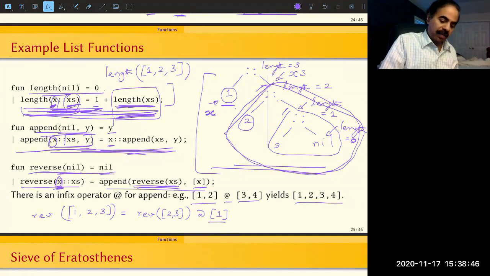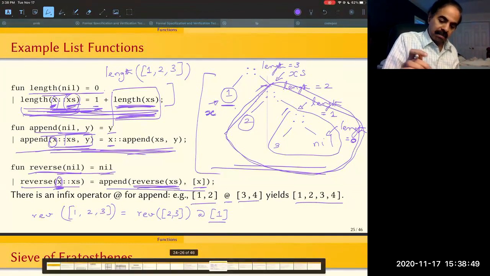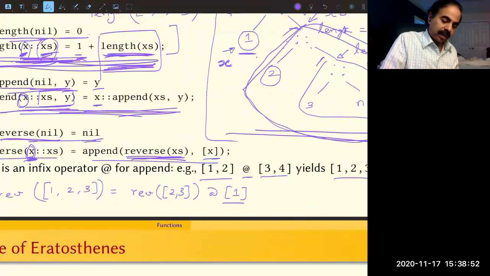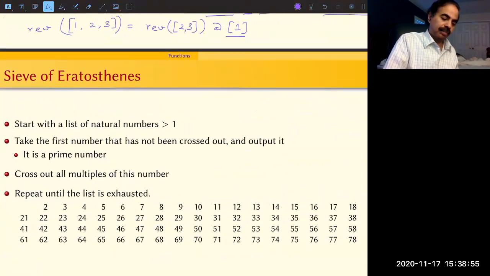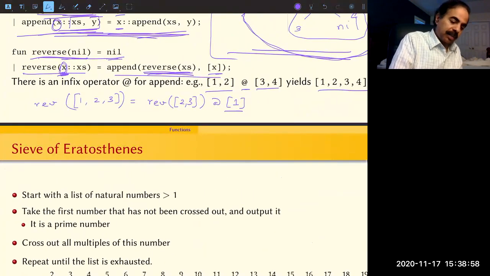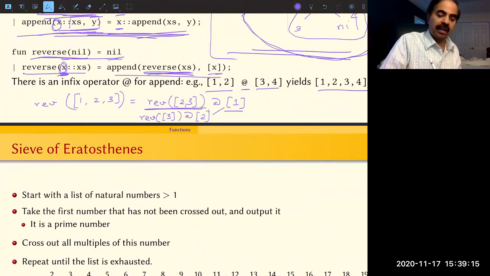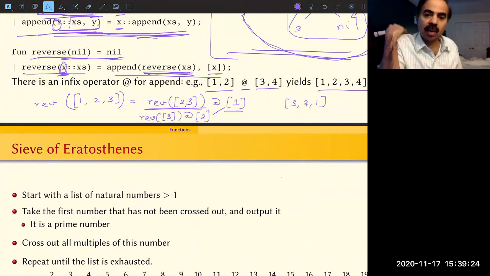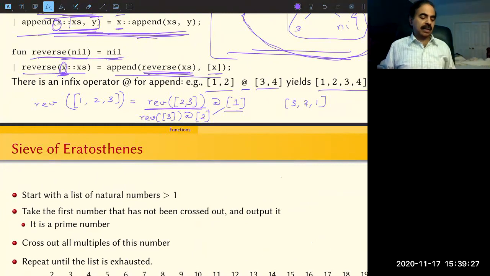And now if you apply the same process again, let's just expand that. That's going to become reverse of 3 concatenated with 2, then concatenated with 1, right? So when all is said and done, you're going to get 3, 2, 1, which is sort of what you expect. Okay.